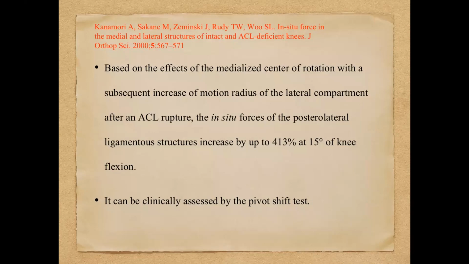Based on this effect, there is a medialized center of rotation with a subsequent increase of motion radius on the lateral compartment after the ACL is ruptured. The in situ force of the posterolateral ligament structure increases up to 413% at 15 degrees of knee flexion. It can be assessed by the pivot shift test.